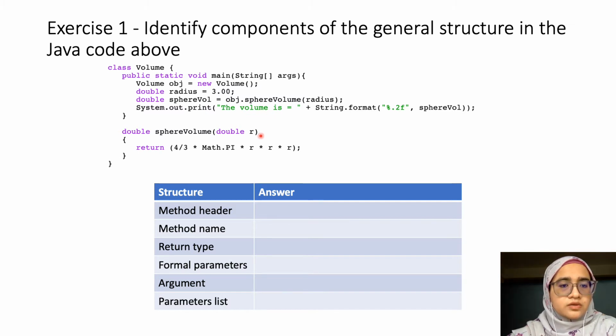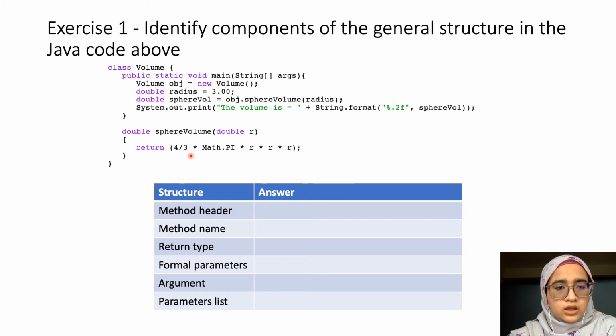And then in the sphere volume method, you will have a process of 4 over 3 times pi times r times r times r. Alright, and you can see that it will directly return the value of anything here. The value after this operation, we will return that value.